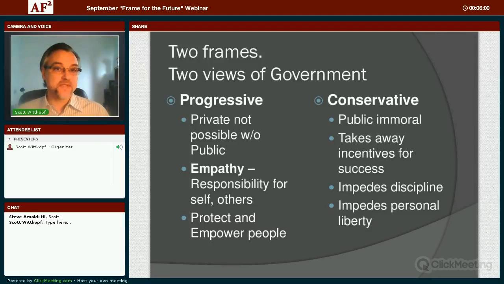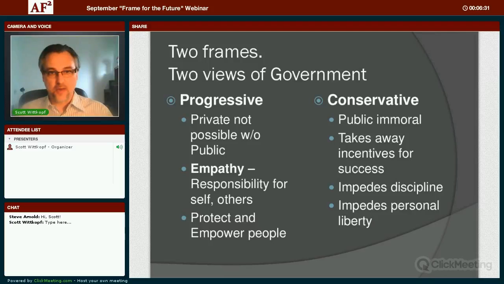On the progressive side, you have some key ideas. First and foremost is the idea that private enterprise and prosperity is not possible without the public. We have all sorts of examples of that. You can think of them right off the top of your head: infrastructure like roads and gas lines and sewers, everything from healthcare support to unemployment and Social Security.